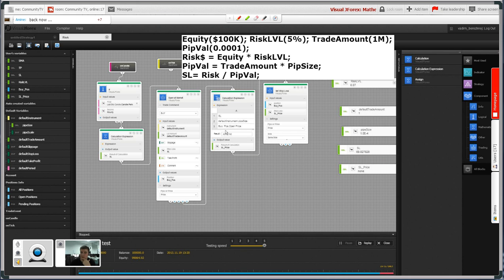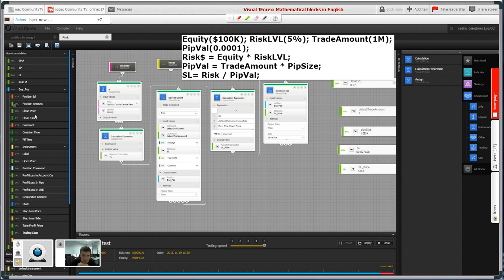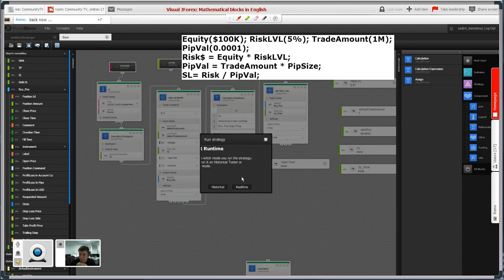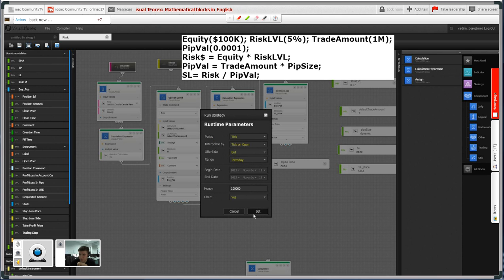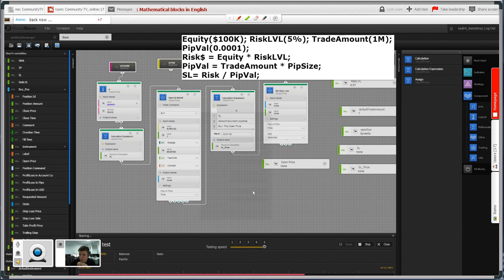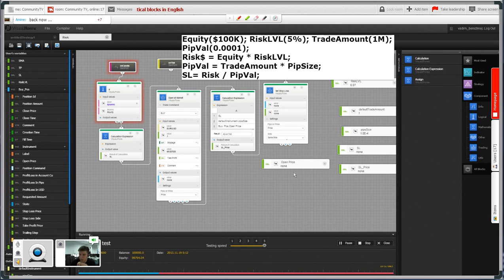Buy position open price. Oh, let's check this variable. There can be a problem. Open position price. And yeah, that's a problem. It's not showing anything.